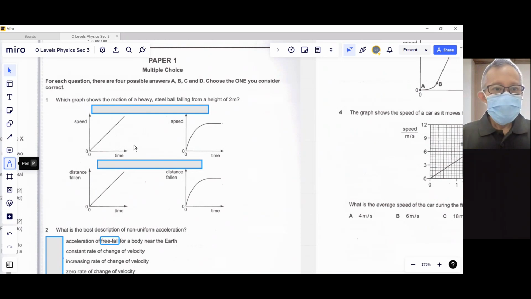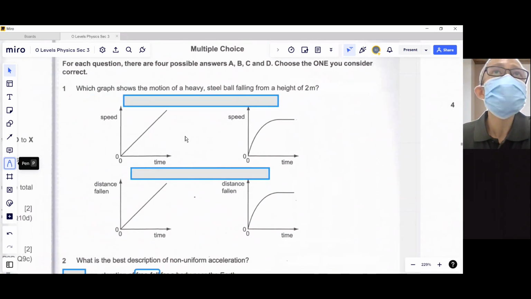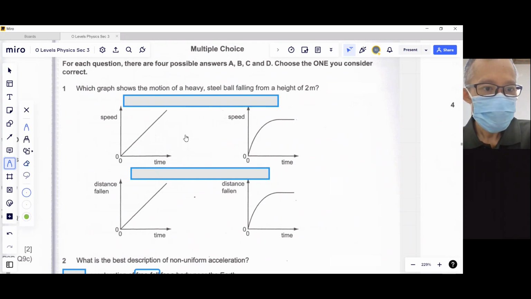Okay. Number 1, heavy steel ball from a height of 2 meters. Fujin, what's your answer for number 1? Let me see. Yes, Fujin. So, okay, let's see.